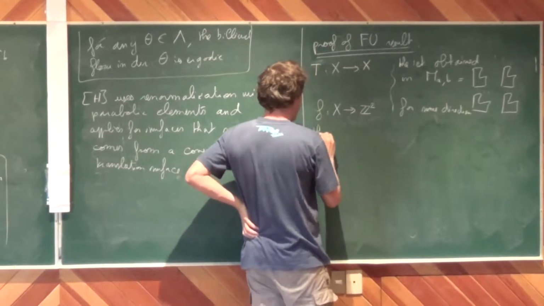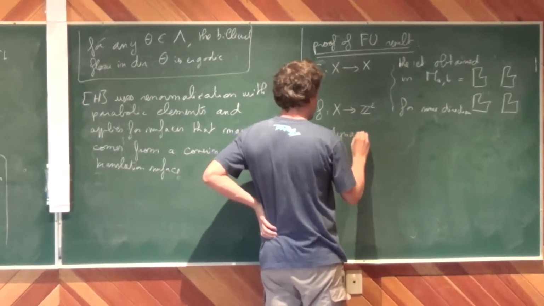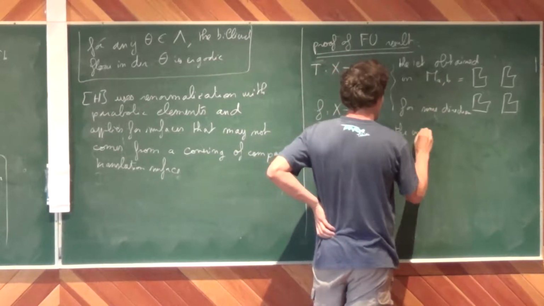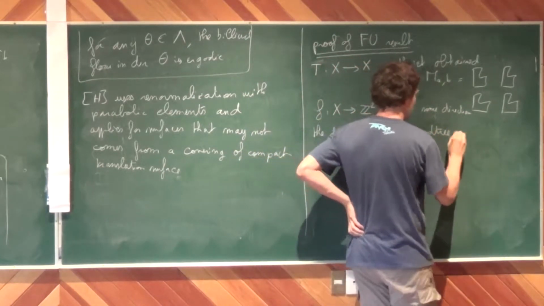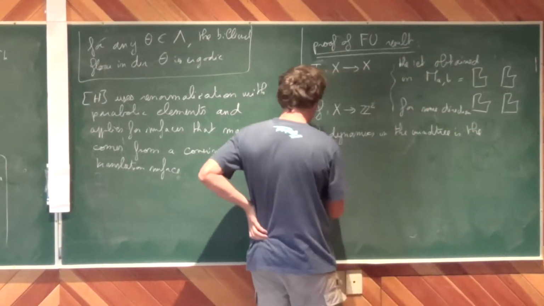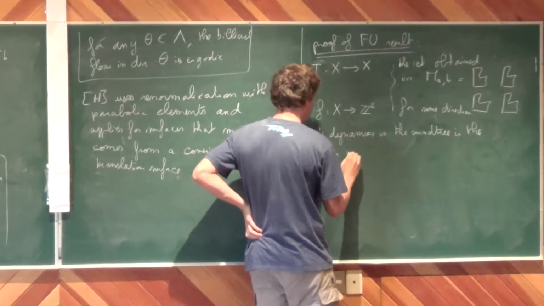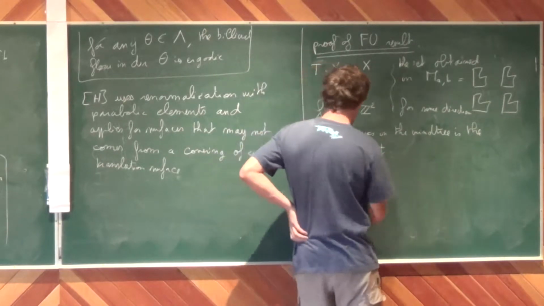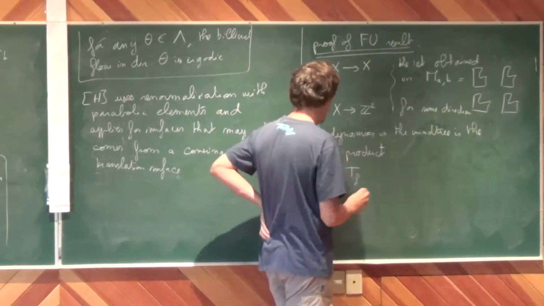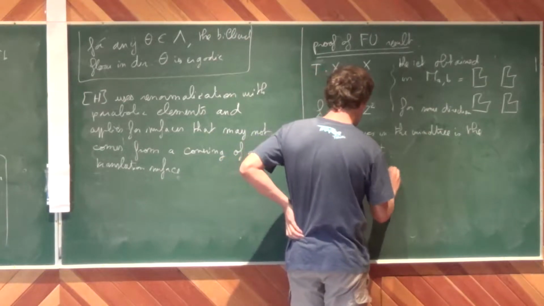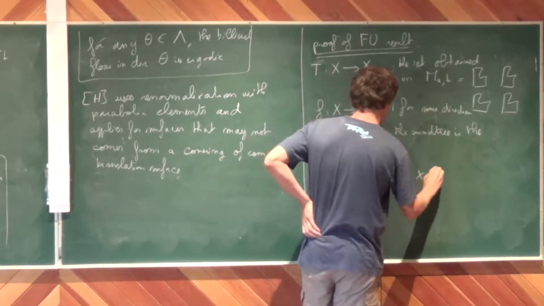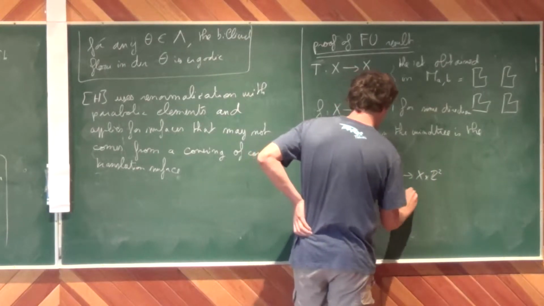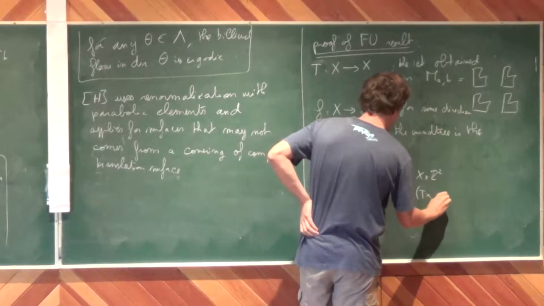So the dynamics in the Wind-tree is the skew product that I call T_F, which goes from X × Z² to X × Z², and a point (x, i) maps to (Tx, i + f(x)).